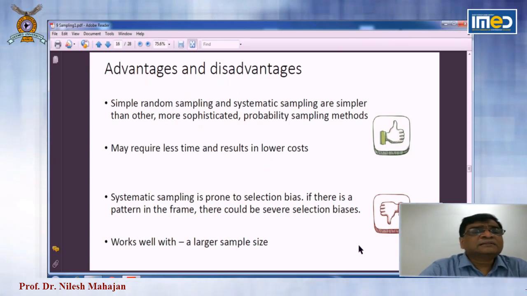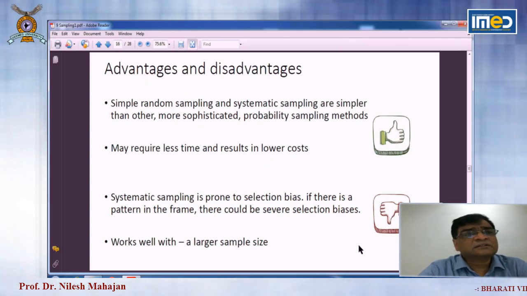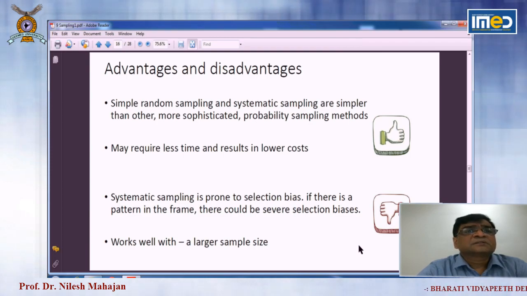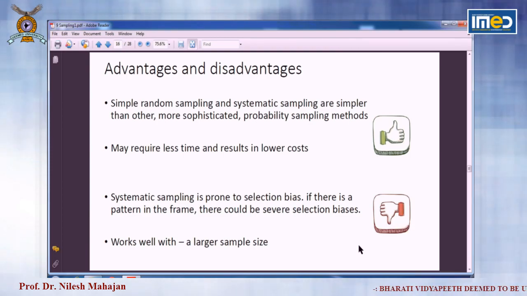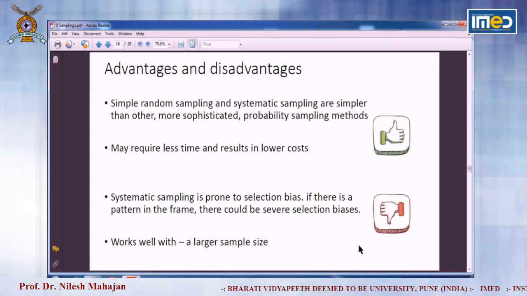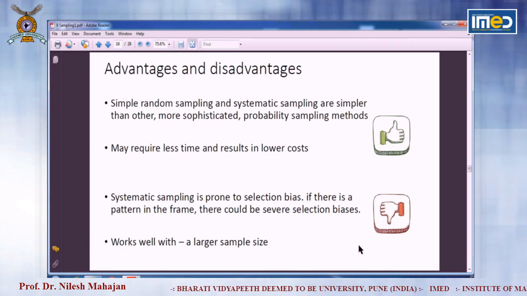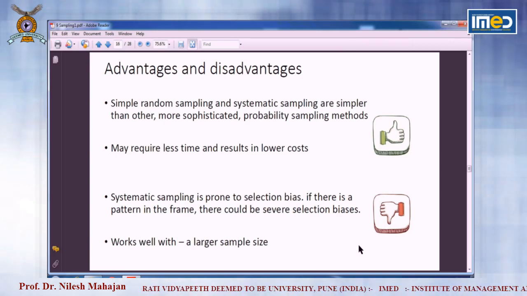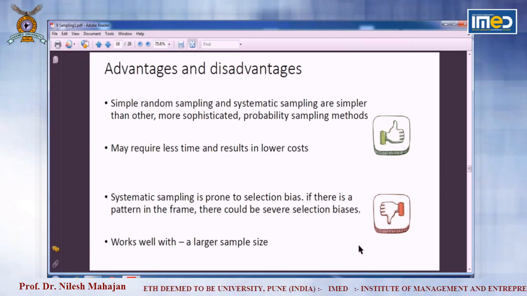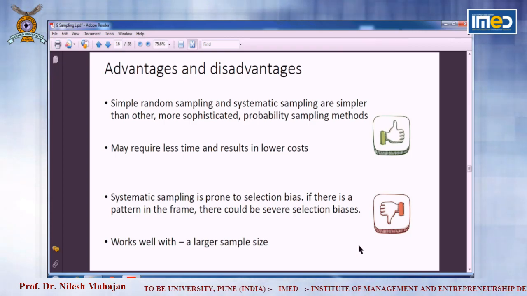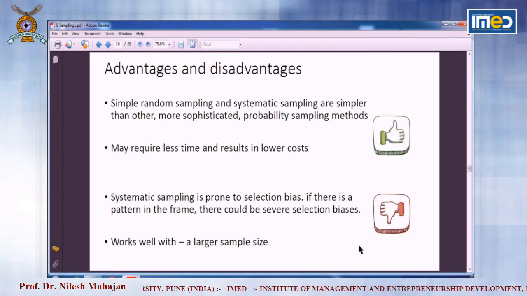Now, what are the advantages and disadvantages of this method? Simple random sampling and systematic sampling are simpler than other more sophisticated probability sampling methods. They may require less time and result in lower cost.